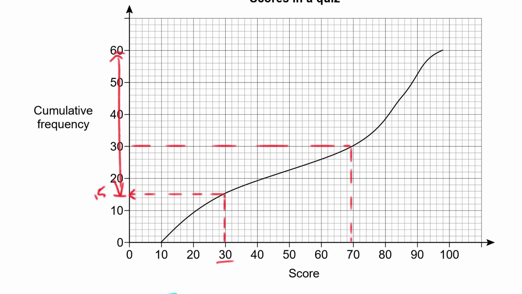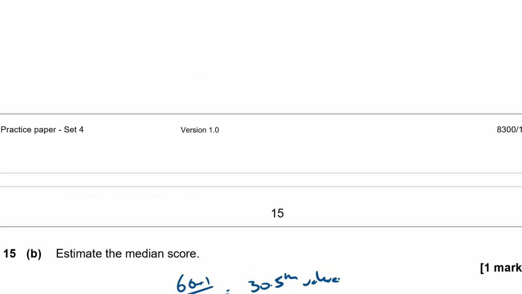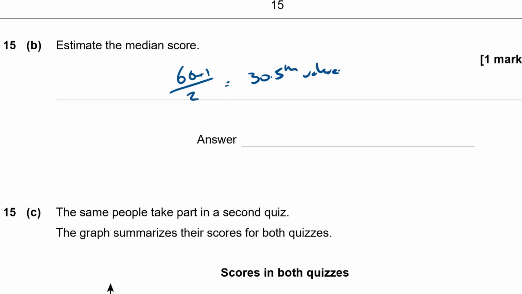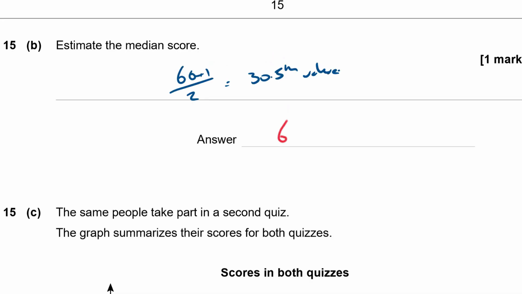Now I estimate that to be just slightly below 70. I'm going to say that it's 69. So estimate the median score, 69. For now.